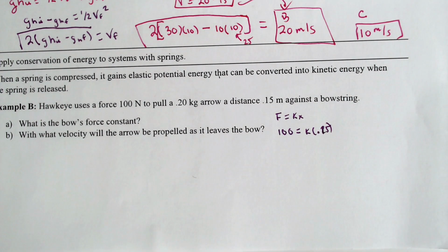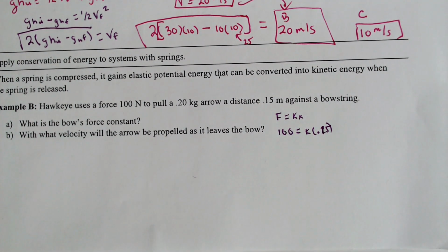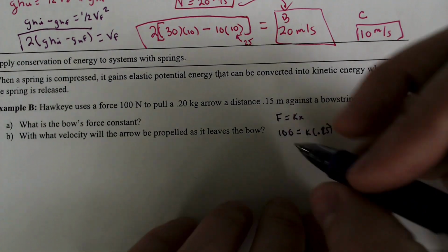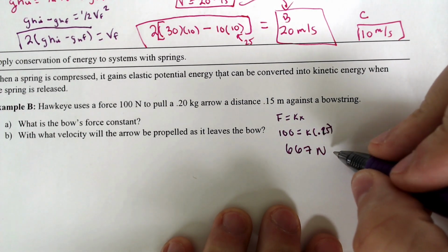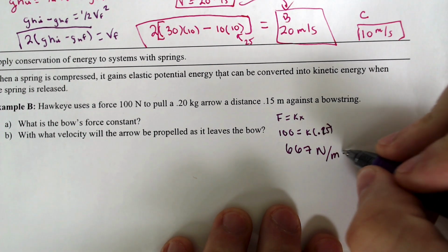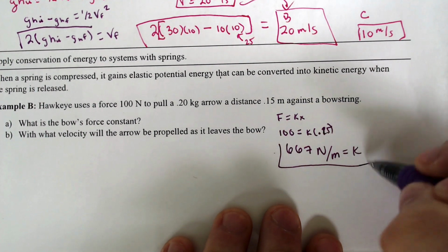If we divide by 0.15, we get 100 divided by 0.15 is essentially 667 newtons per meter for that spring constant.